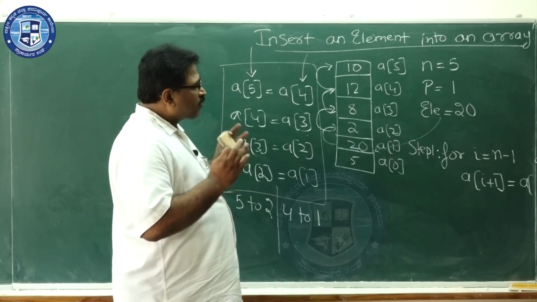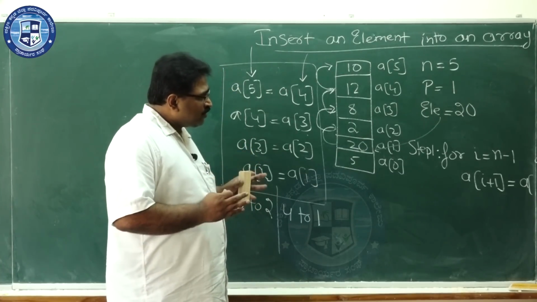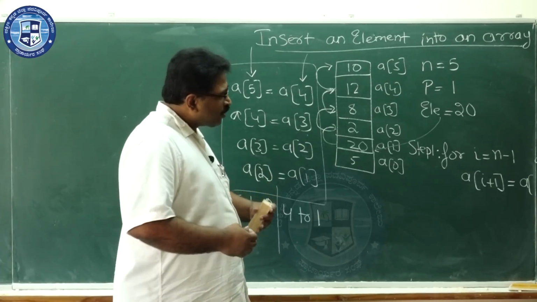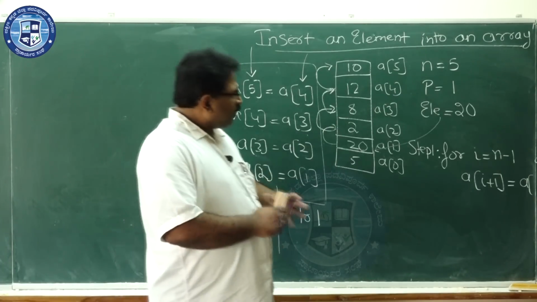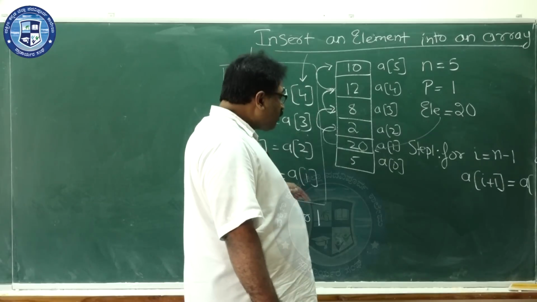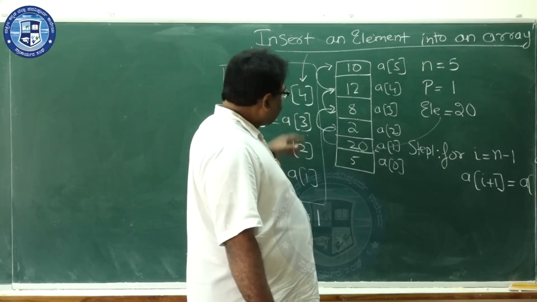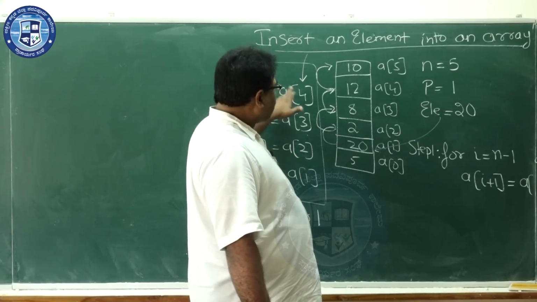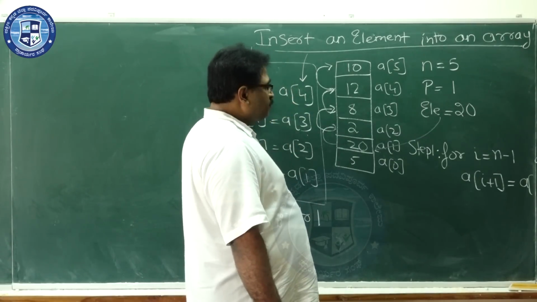Once again, look at step 1. Step 1 is for I equal to n minus 1 down to P, and when you are traveling from this floor to this floor, it means you are actually putting down this value over here.